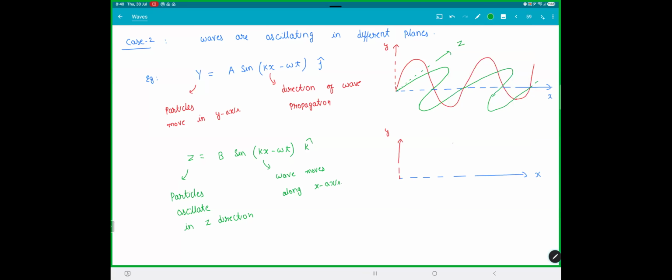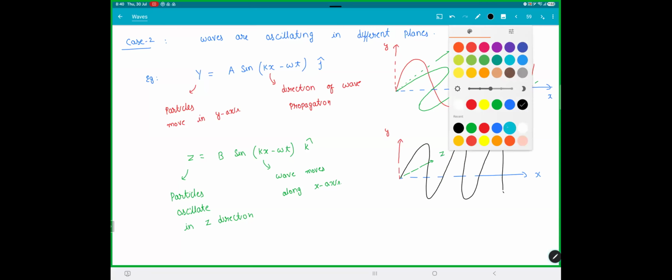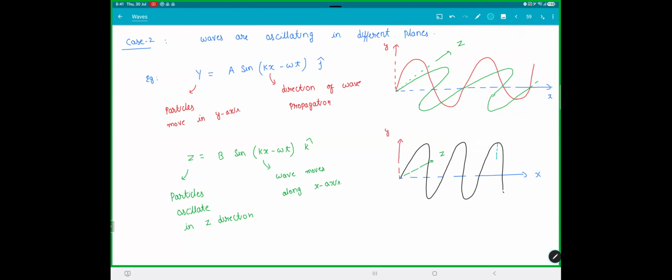This was your y, this was your z. The wave would go somewhat like this. It will be at an angle. And this amplitude would be root over a square plus b square.